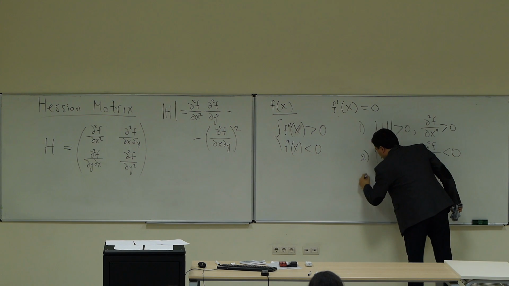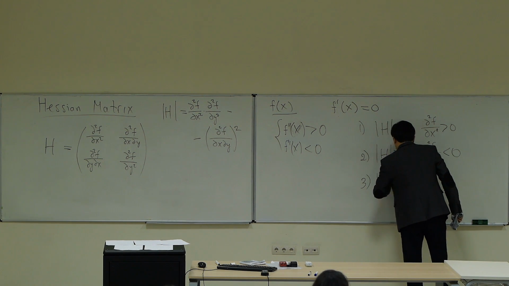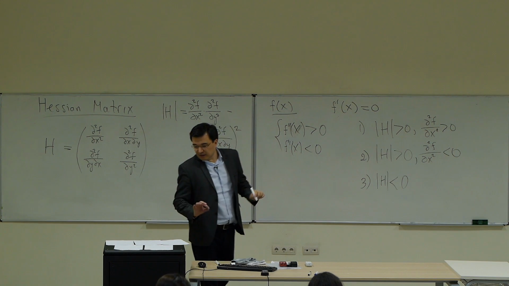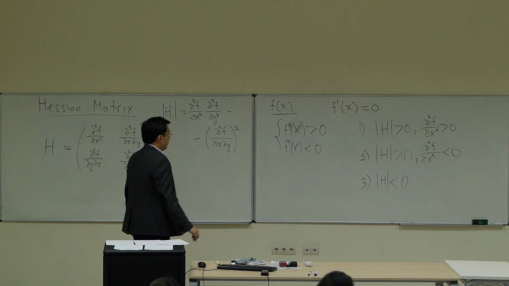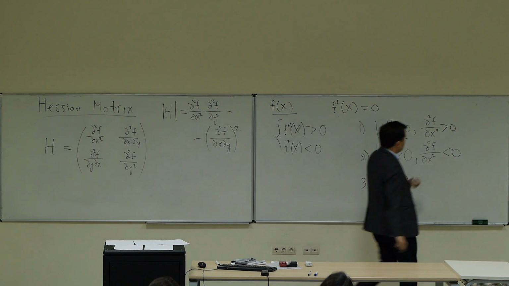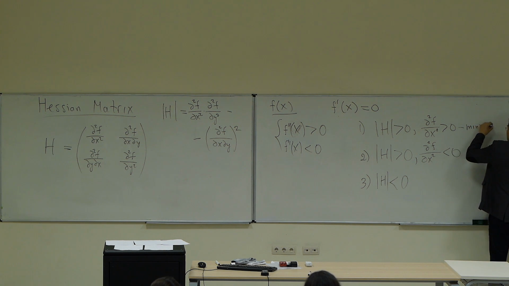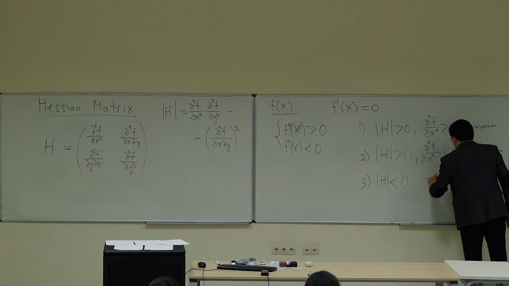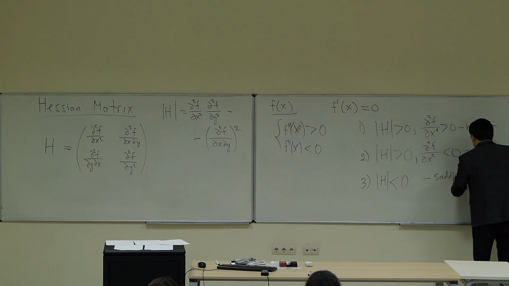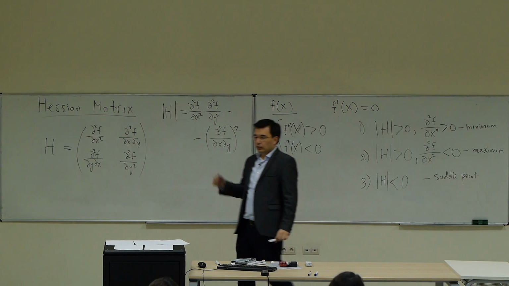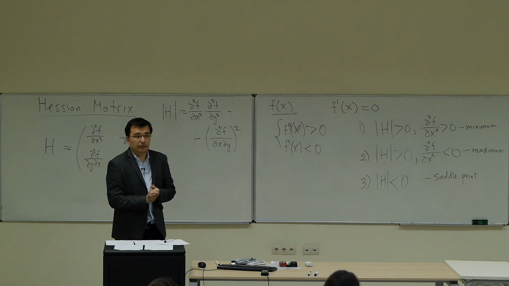And third option: the Hessian matrix determinant can be less than 0. These are the three situations. In the first situation, you have a minimum. In the second, you have a maximum. And in the third, you have a saddle point. So this is how you can judge whether you have a maximum, minimum, or saddle point.